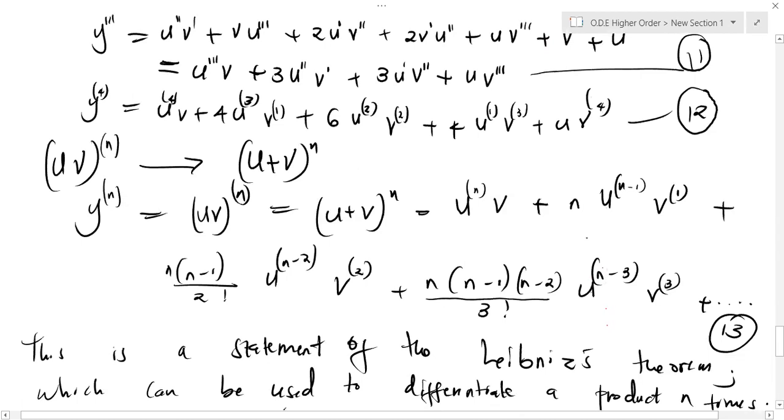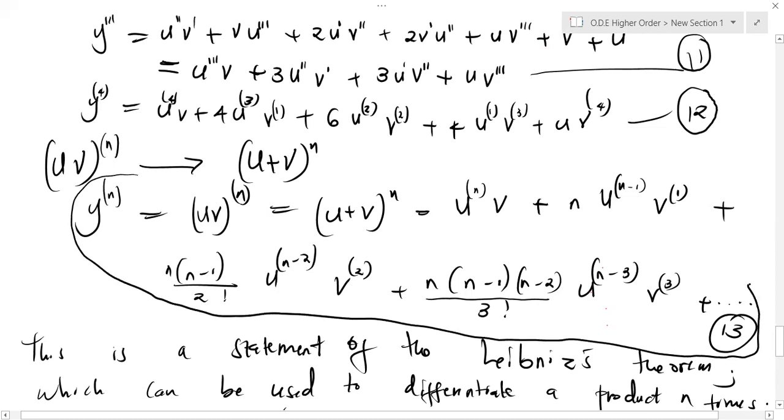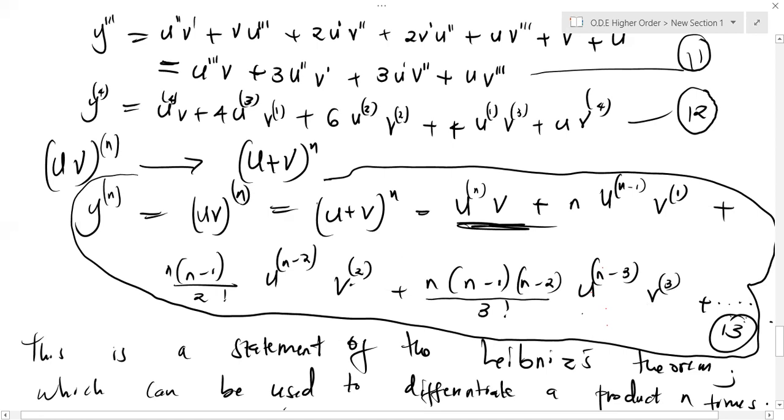Our y to the n is equal to u to the n v plus n u to the n minus 1 v1 plus n into n minus 1 over, so this is what we are using, this equation 13 here, our Leibniz theorem. It starts all the way from here, moving forward.